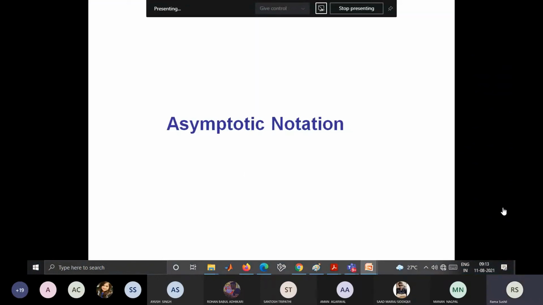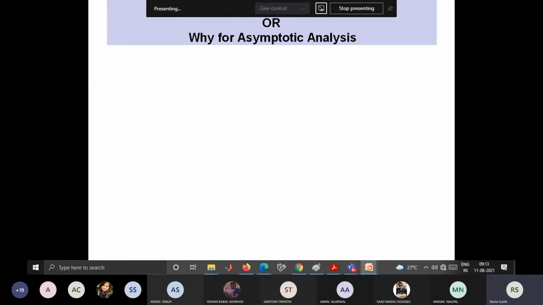Okay, asymptotic notations. The term asymptotic is actually a kind of matching in the behavior, a similarity, and that is concerned with the growth of the function, how slowly or how fast it can move.